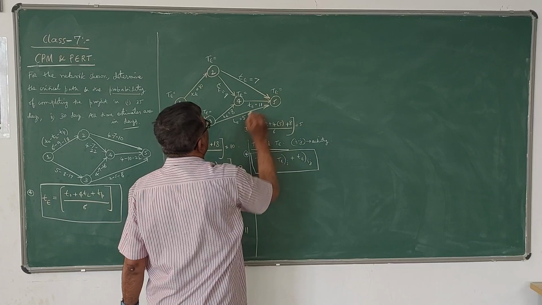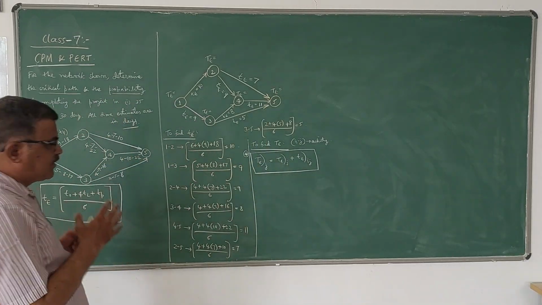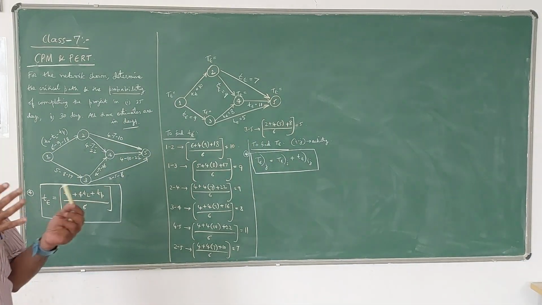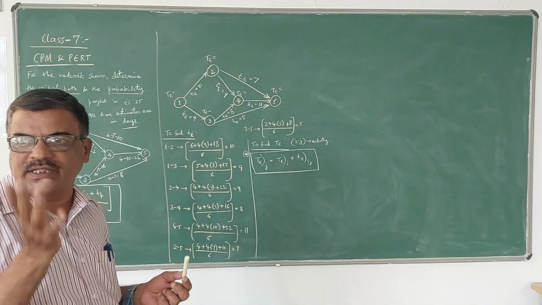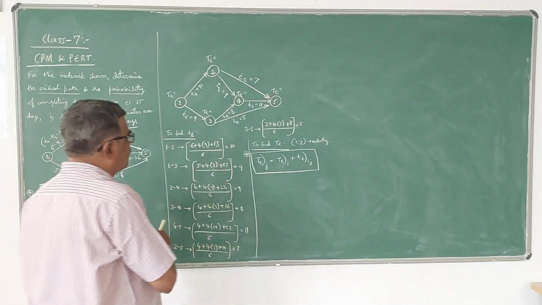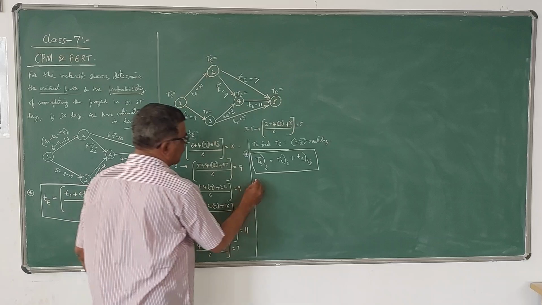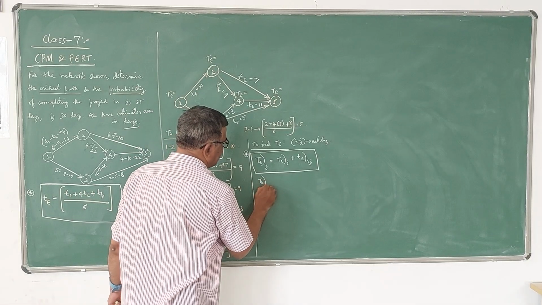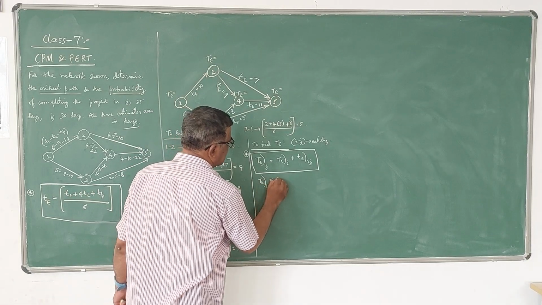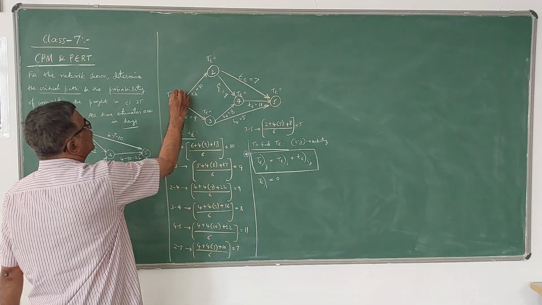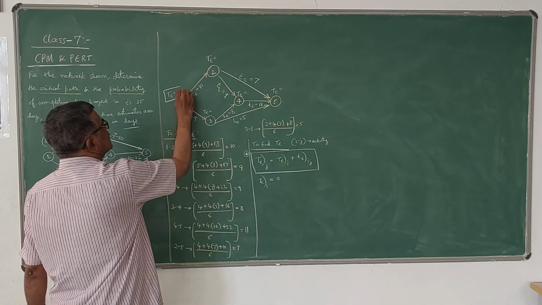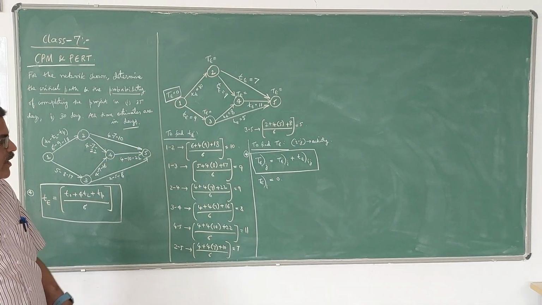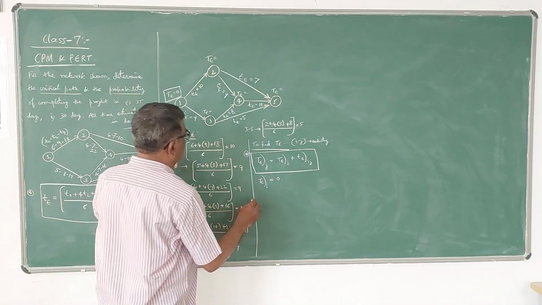So we need 5 values now. Once again, if 2 arrows are meeting, you have to take the maximum value. First I will take T1. Let us assume T1 is 0. Normally it is taken as 0, that is the starting point. Now TE2, I want TE2.